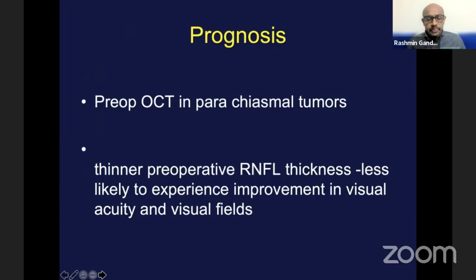What about prognosis? Helen Danesh-Meyer and Peter Savino published this paper a decade ago, where they did a preoperative OCT and looked at average RNFL in patients undergoing neurosurgery for parachiasmal tumors.